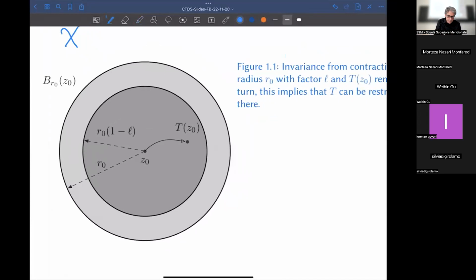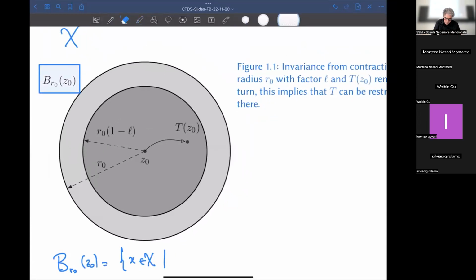So I let B_R0(z0) be the set of points lowercase x in the metric space X such that the distance between x and z0 is strictly less than R0. So it's an open ball. And you have a contraction factor L less than 1 only on the ball.